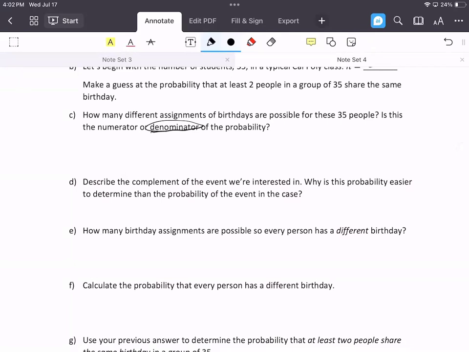Let's think about it. How could we come up with that number? We're actually going to use just that basic multiplication rule. If we look at person one, how many days of the year can they choose to have their birthday? And hopefully you think, well, there's 365 days, so they can choose any day they want. Now, how many options does the second person have?